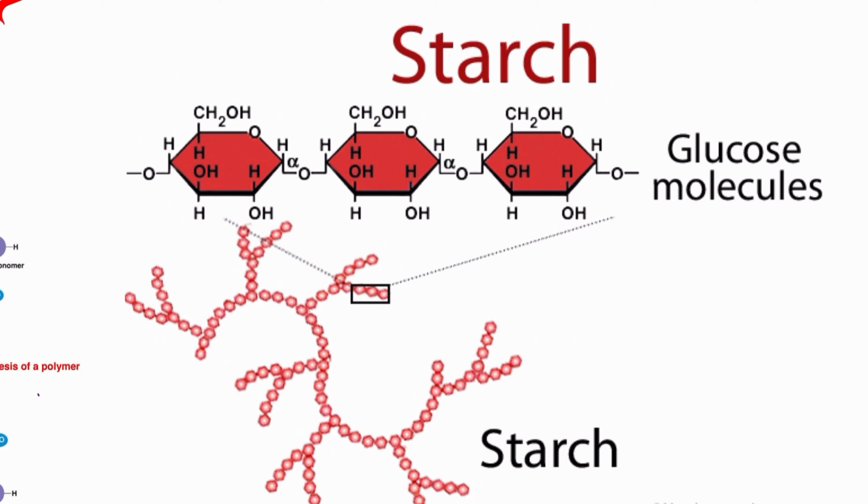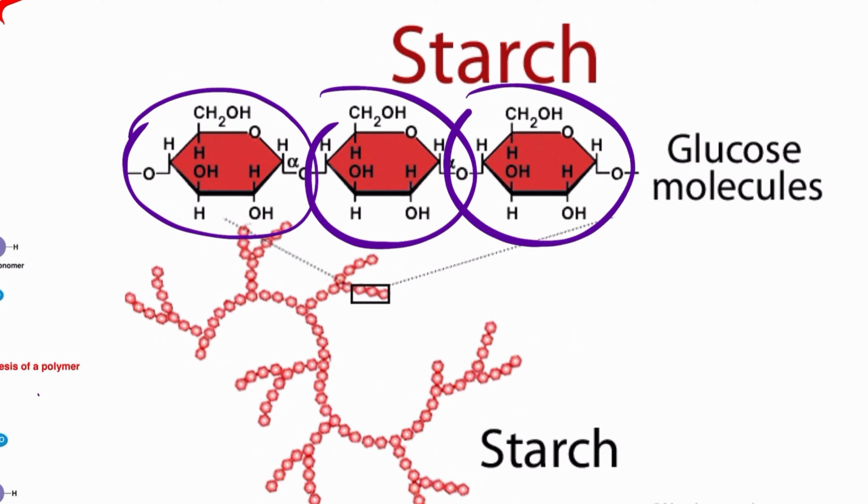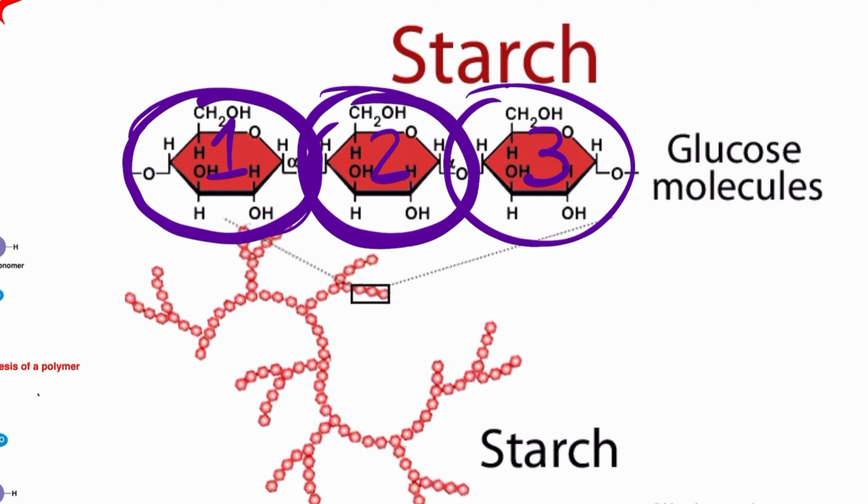We have something called starch. Starch is a large carbohydrate that is used to store glucose in plants. So let's see what we have here. We have glucose molecules. This is one glucose here, here, and here. These individual units, you see I'm writing 1, 2, and 3, are called monomers.